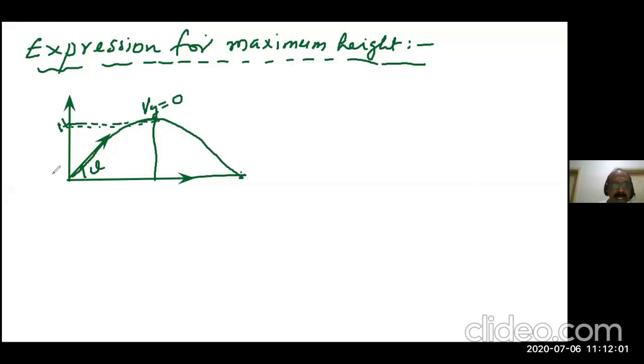This vertical motion can be treated with the formula v squared is equal to u squared plus 2gs, because vertical motion is similar to a body going up and coming down. At maximum height, its velocity is 0. Any doubt?